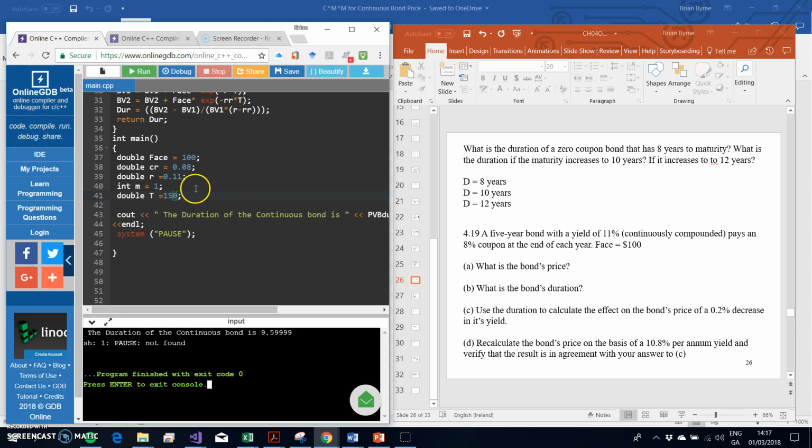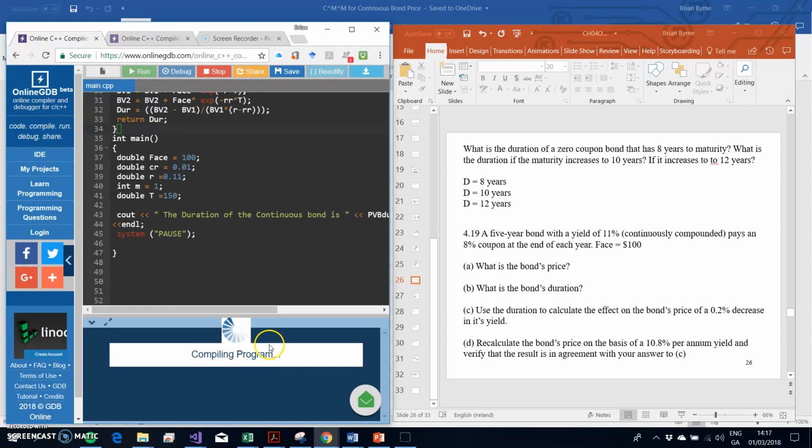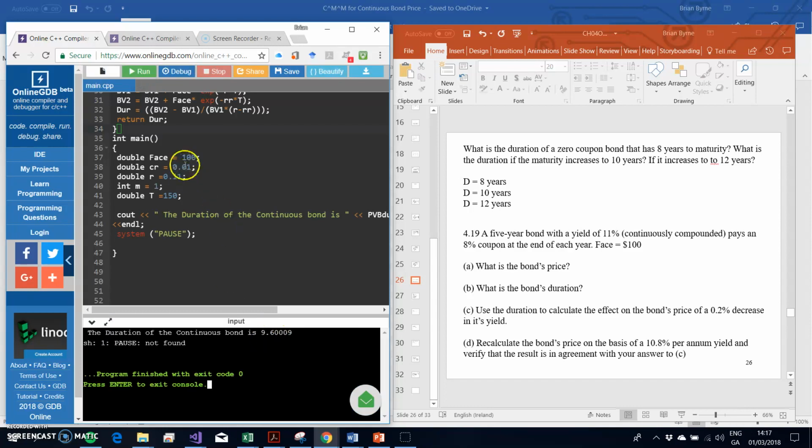Also important here is the effect of the coupon. If we reduce the coupon, the duration would also increase. So if we reduce the coupon, let's say to 1%, and run this, the duration should increase as well. We might take note, 9.6.